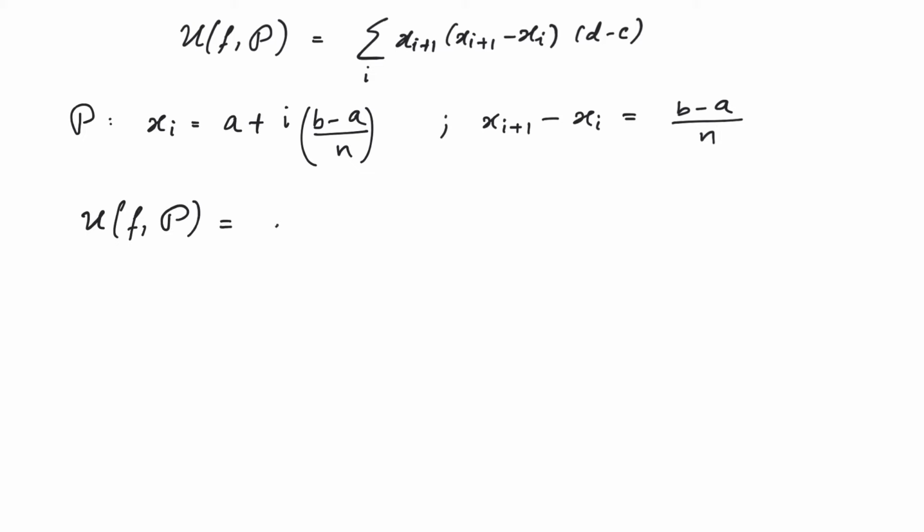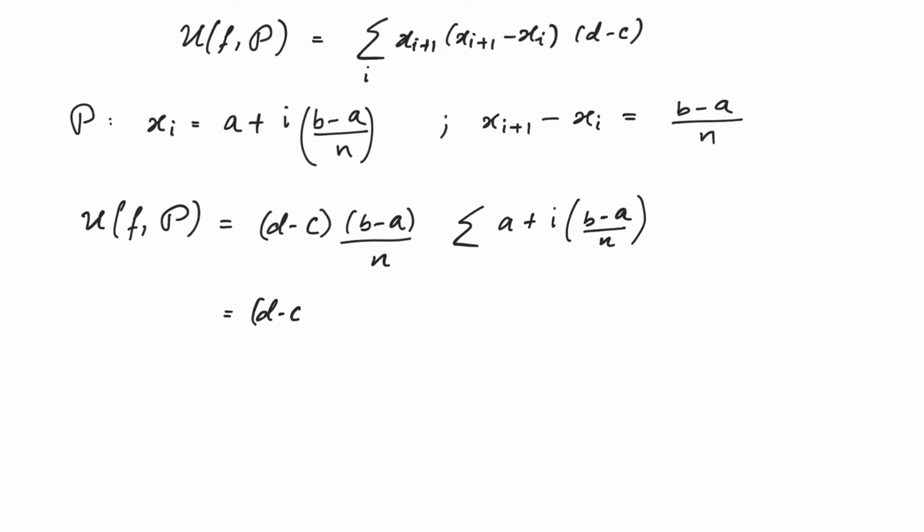And thus we can write UFP as (d minus c) into (b minus a) by n into summation over i of (a plus i into (b minus a) by n). This is equal to (d minus c) into (b minus a) by n into [na plus ((b minus a) by n) into n(n plus 1) by 2].